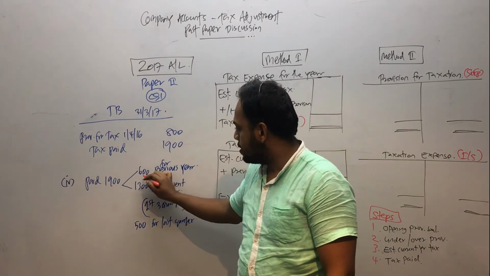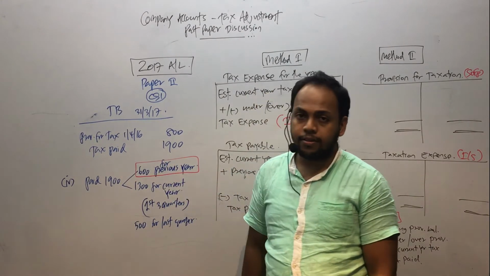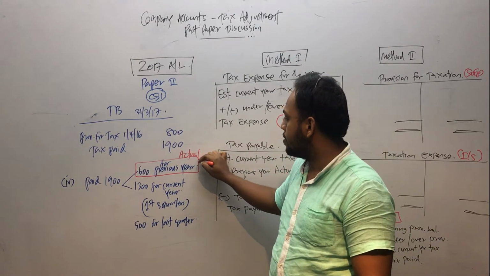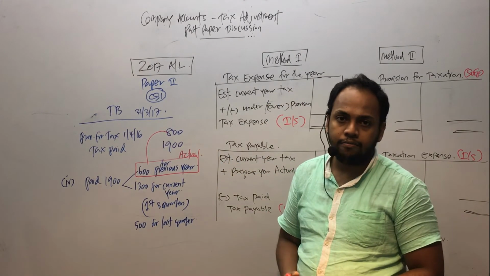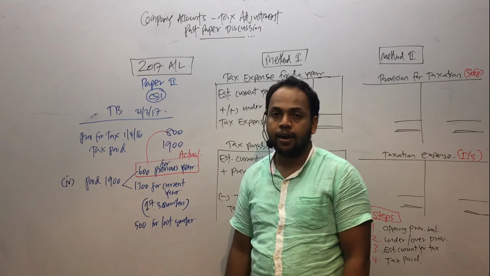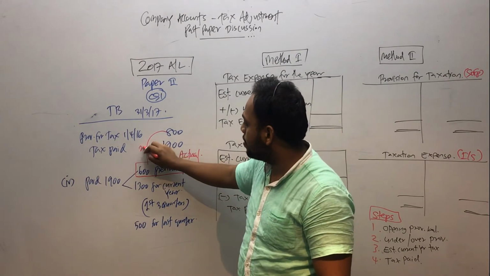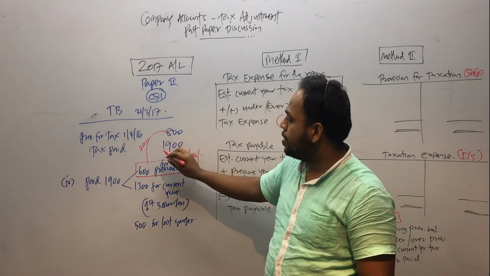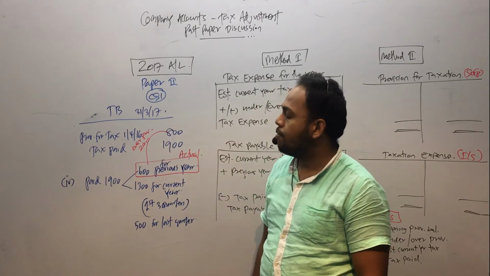So in the additional information, what is this? This is the previous year actual tax. We have provided 800, paid 600. We normally pay the actual tax, right? We have provided 800, but actual tax is 600. So the difference of 200, is it over provision or under provision? You have provided more, therefore this is over provision.